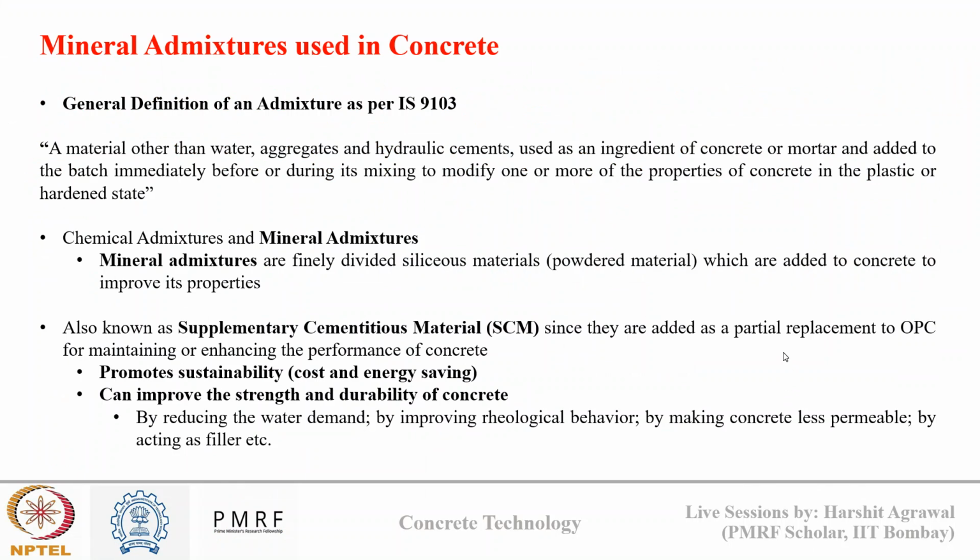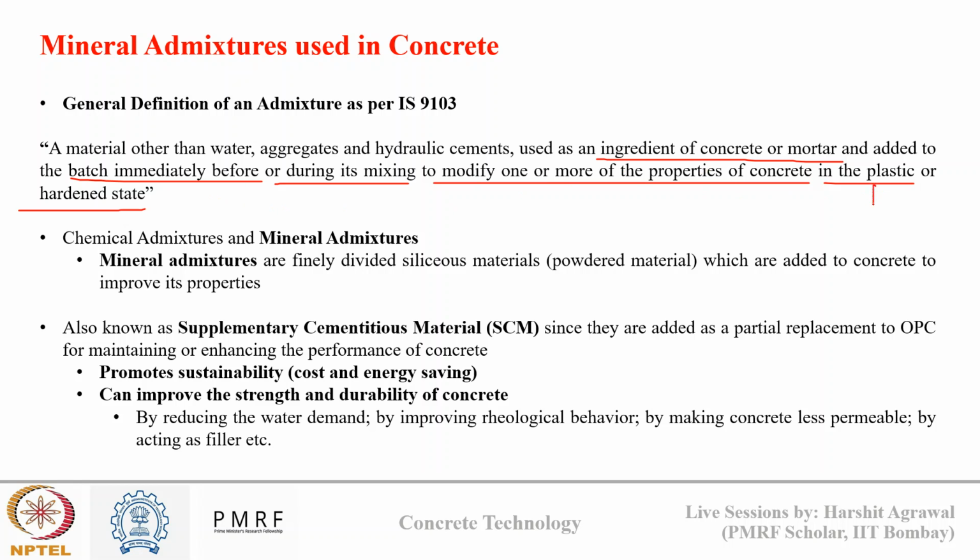If I go along with the basic definition of admixture as per IS 9103 guidelines, it says that a material other than water, aggregates, or hydraulic cement which is used as an ingredient in concrete or mortar and added to the batch immediately before or during mixing to modify one or more properties of concrete in a plastic or hardened state is known as admixture.